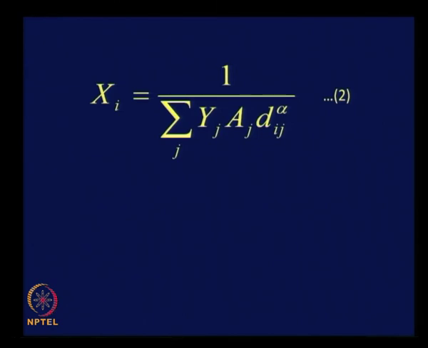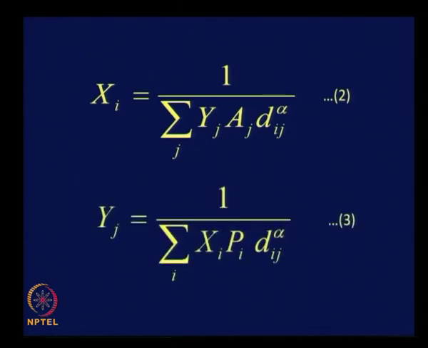And Yj is written as 1 by sigma i equal to 1 to n Xi Pi Dij raised to power alpha. So, we have the formulations for Xi and Yj, and we have the general formulation of the gravity model involving Xi and Yj.